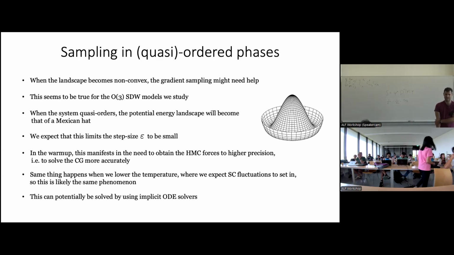We did not extensively test this. But at the moment, it seems like going deep into the ordered phase is a problem. The non-convexity of the mass matrix might definitely contribute to this, but also the type of solver that you use, I might need to switch it.